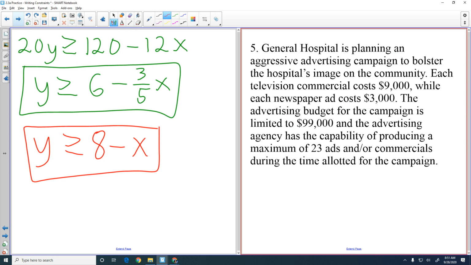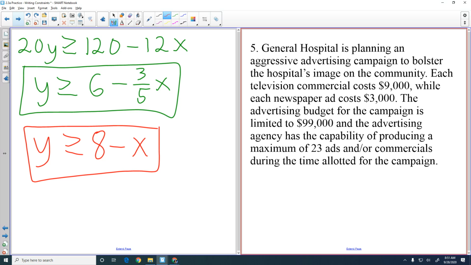So here's the next one. The General Hospital is planning an aggressive advertising campaign to bolster the hospital's image in the community. Each television commercial for the hospital costs $9,000, while each newspaper ad costs $3,000. The advertising budget for the campaign is limited to $99,000.